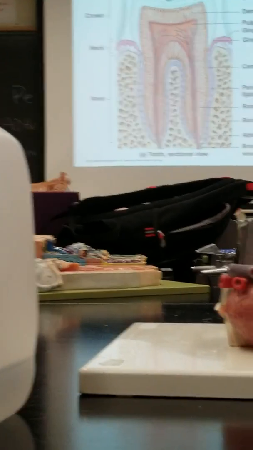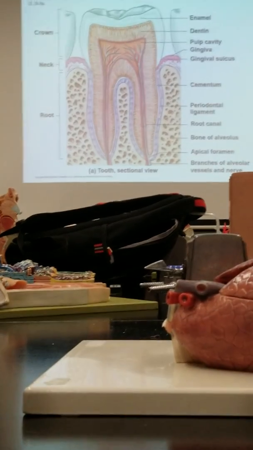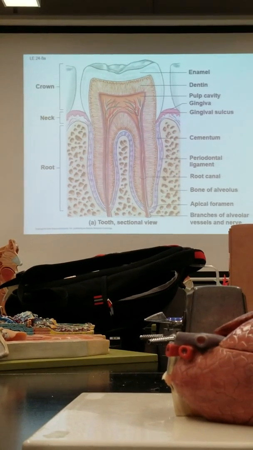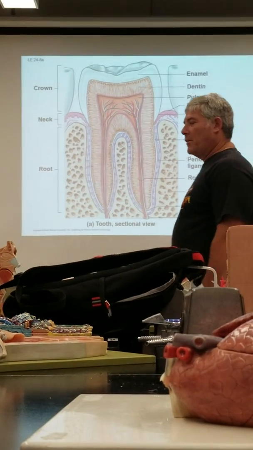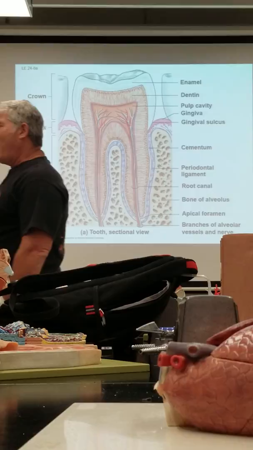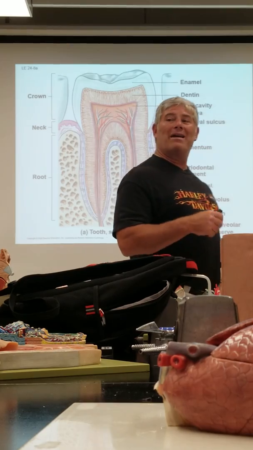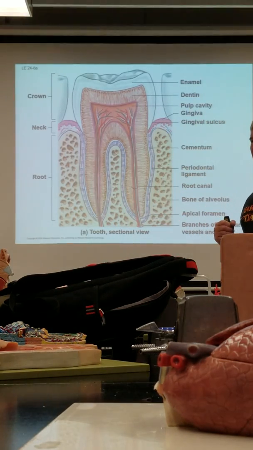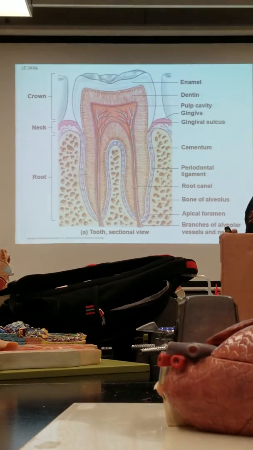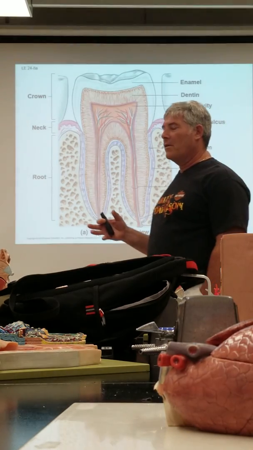Now, since this is so hard, guys, most things don't really affect it much. But the problem with having something so hard is that it can decay. So what messes up enamel, guys, is going to be the acid in your mouth, okay? And decay from having food substances stuck on them, okay?